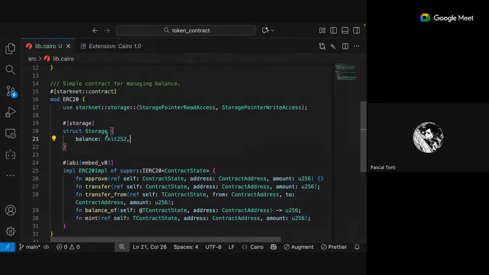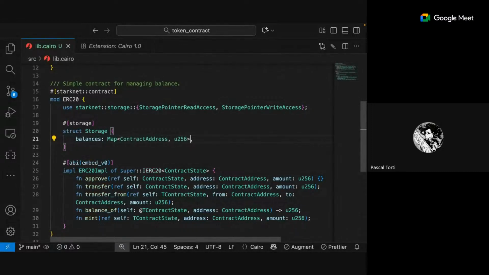This balance just increases, it does absolutely nothing by itself. But how do we know that this balance belongs to which user? We are going to use a map. So this balance, you can use a map for it: a map of contract address and U256.